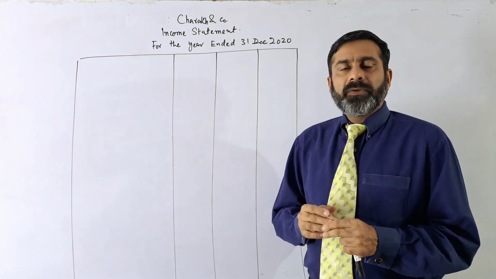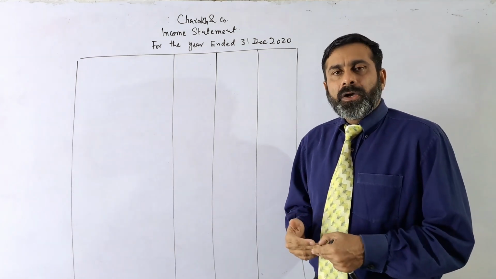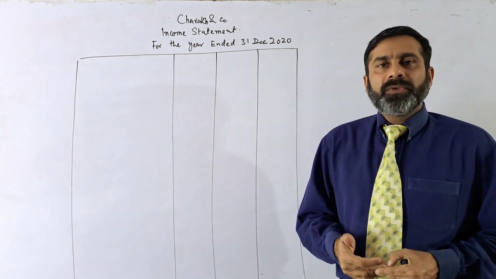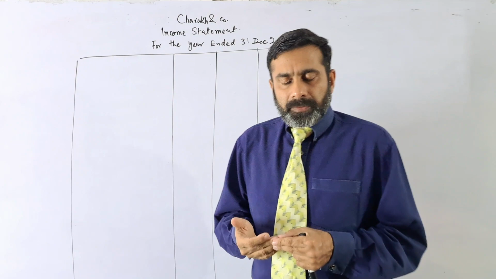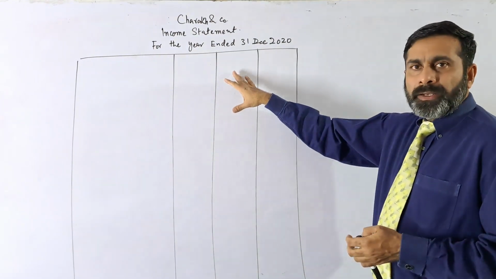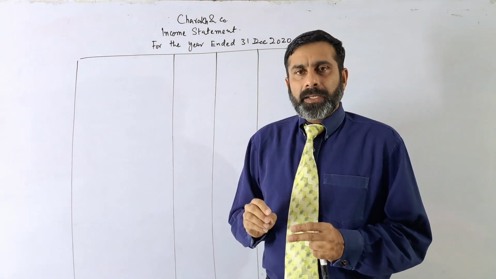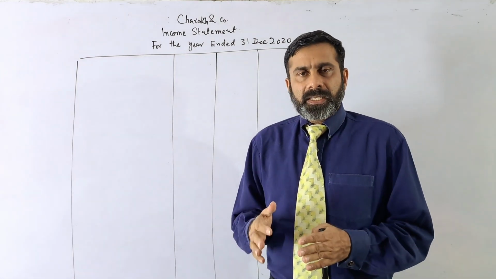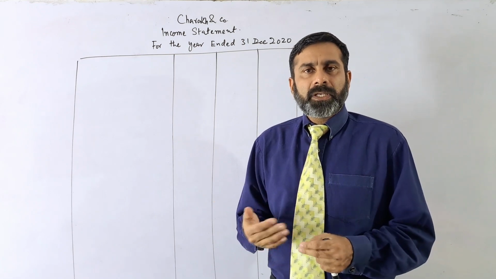In the income statement, we have two main things. First, we have sales, or what we call revenue, and then we have the cost and the expenses. This income statement we will prepare regarding the trading account. Trading account means any income just from the purchasing and selling of goods. They are not providing any service, they are not manufacturing anything.